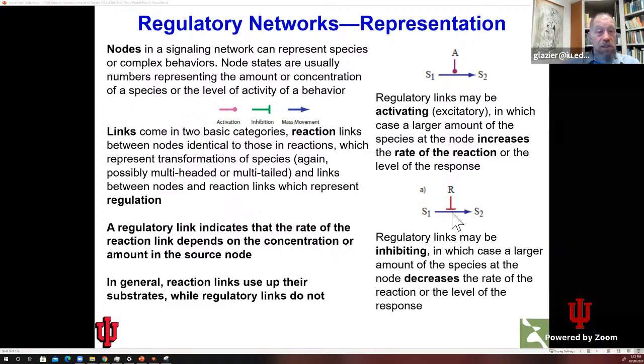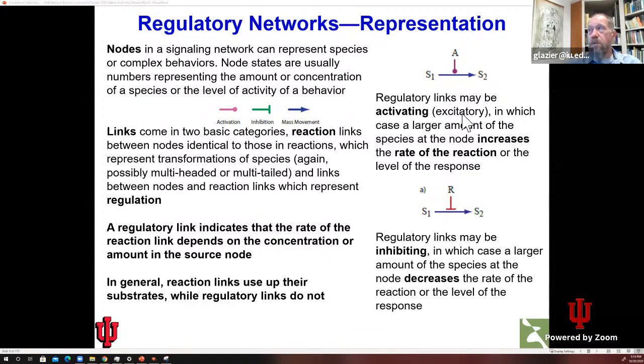And if there is a T-shaped end to the arrow, the more R there is, the slower S1 is converted to S2. And these are called regulatory interactions. And those are extremely important in the models that we're building and in almost any biological network.